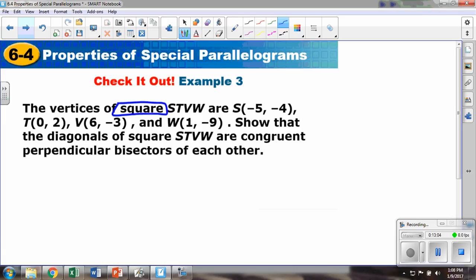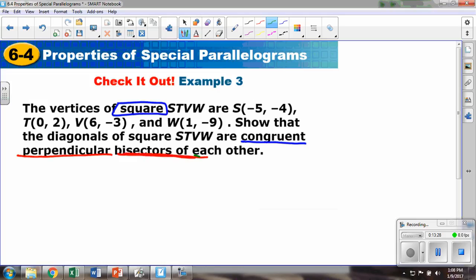And for this particular problem, we know that it's going to wind up being true, but this problem says, hey, crunch some numbers and actually show that this stuff works out. Show that the diagonals of a square are congruent. Show that they are perpendicular. And show that they are bisectors.